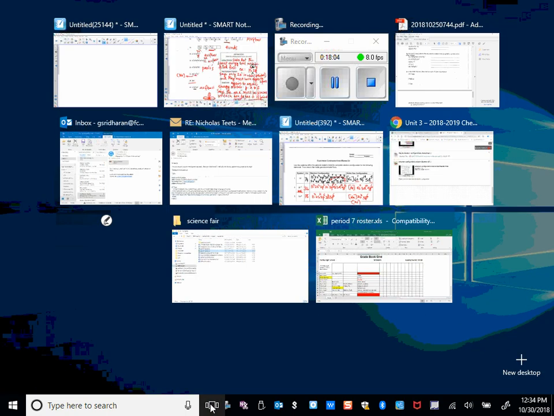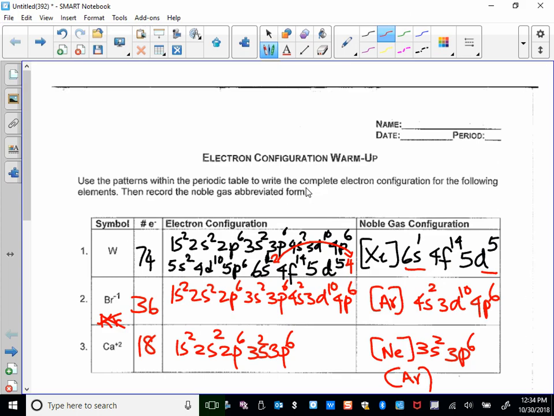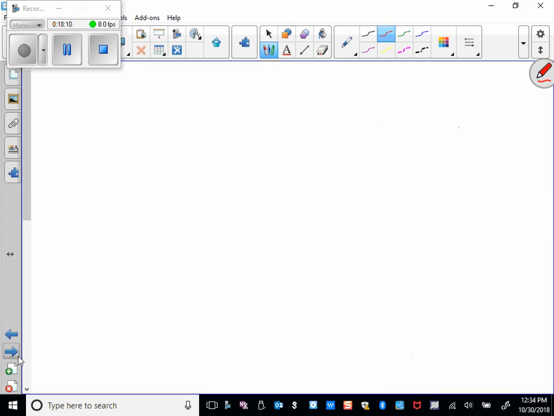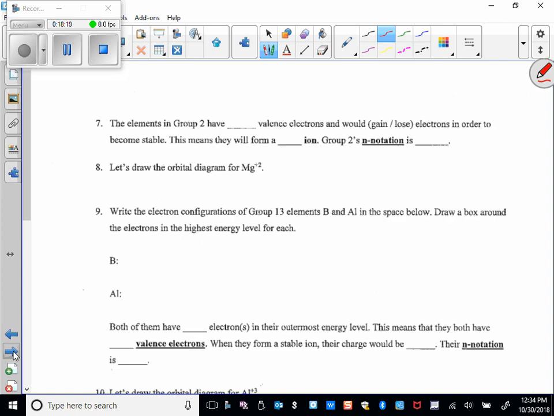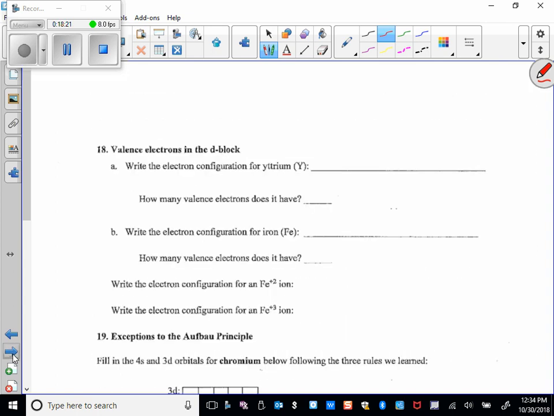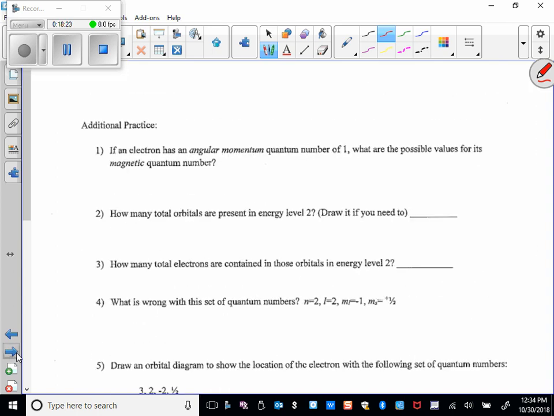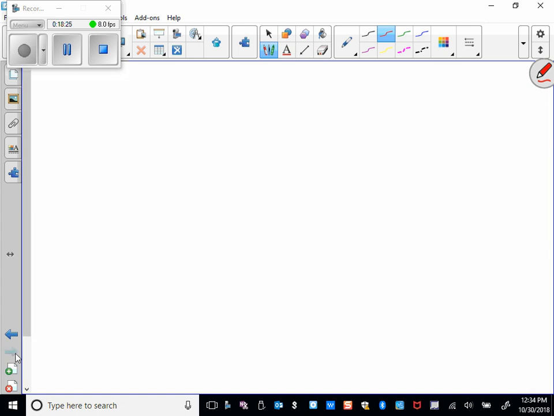So let's go back. Where is your warm-up? This is your warm-up, right? So you should have this. Is this the one you got over? Yes, we have this. Okay. All right. Very good. So now, can you all go to the back of your warm-up? Can we go to the back of the warm-up?